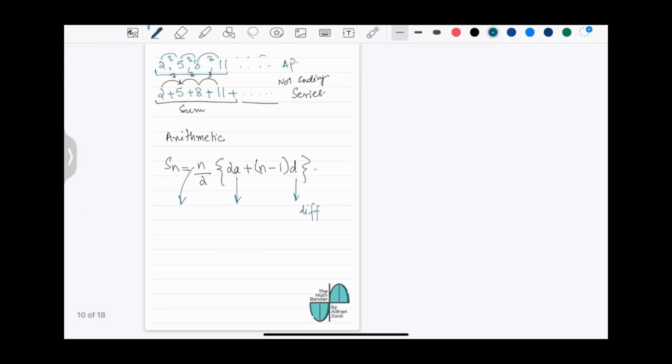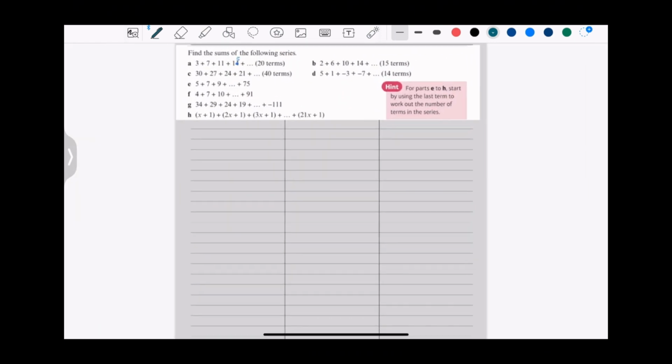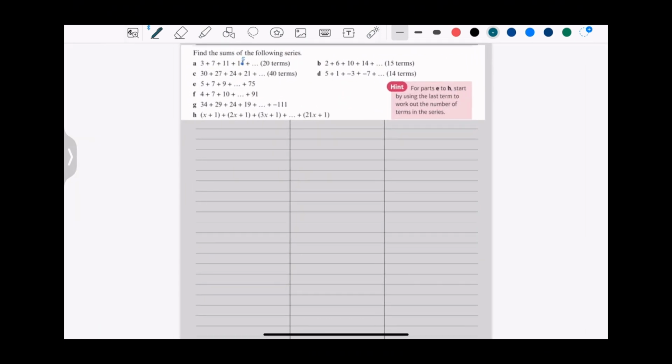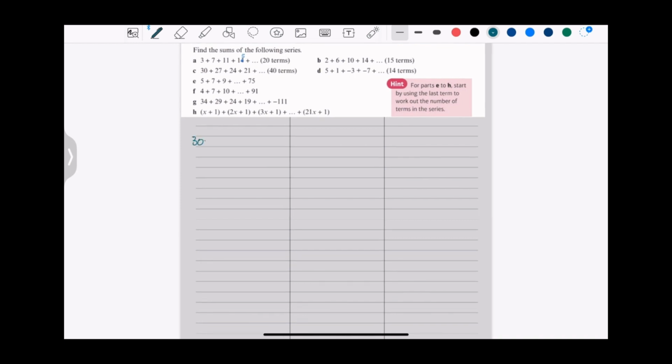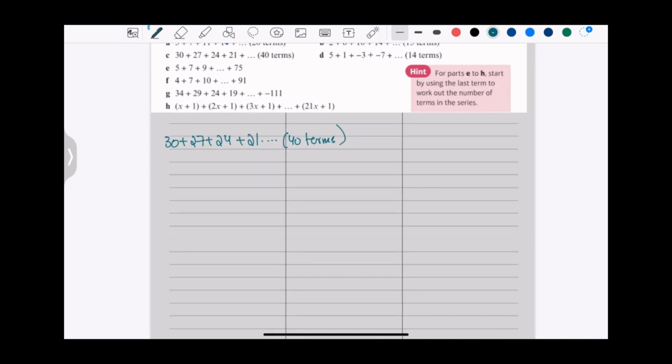So let's see some of the questions. Now we have this series: 30 plus 27 plus 24 plus 21, and it says up to 40 terms. So basically I have to find out the sum until 40 terms.